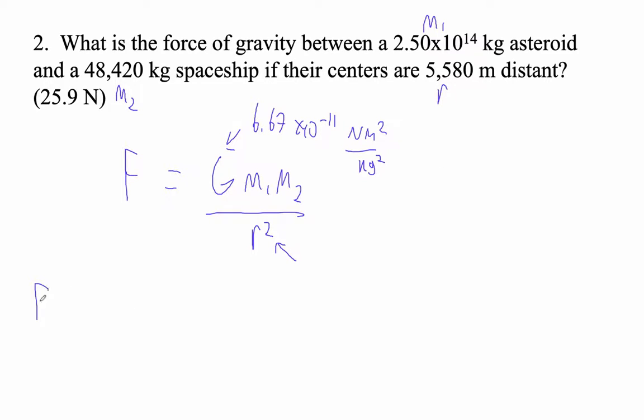So the force is equal to 6.67 times 10 to the minus 11th Newton meters squared per kilogram squared. I'm just putting the units in. I never do, but we're just learning this.